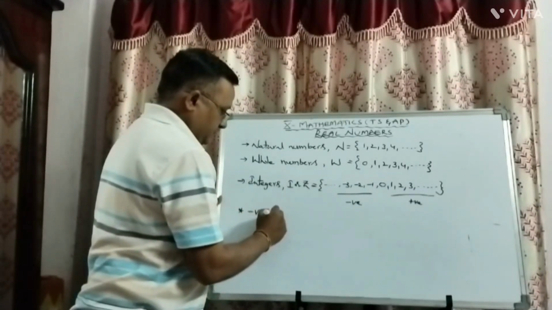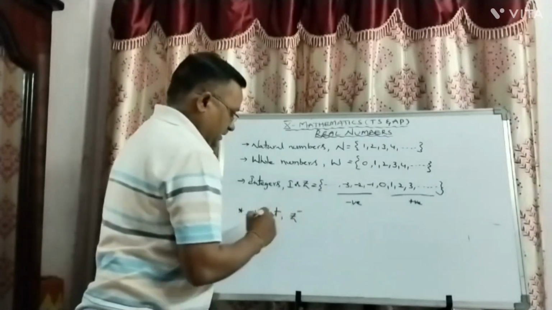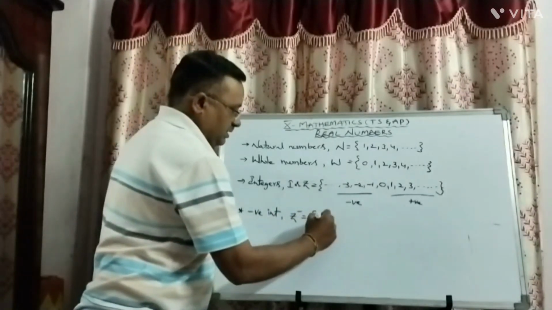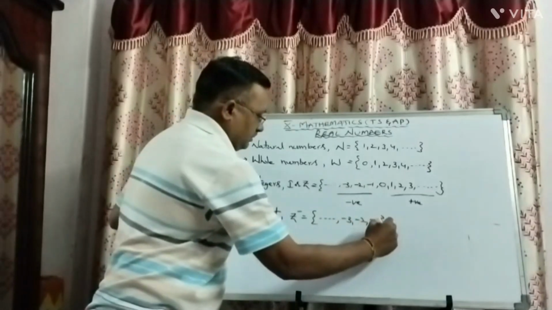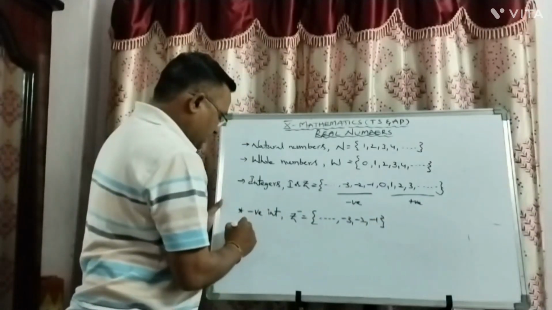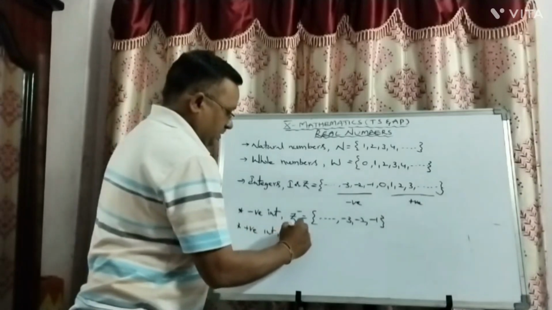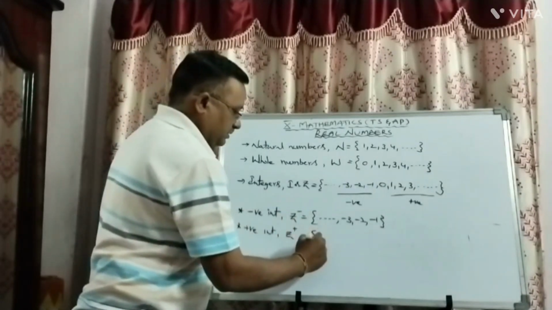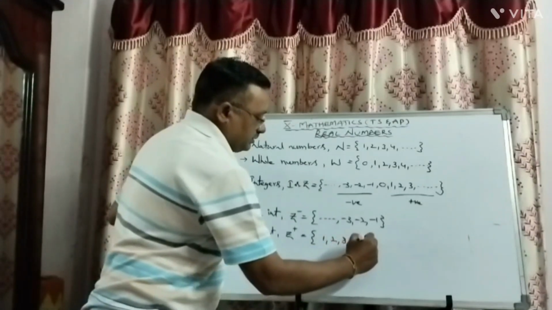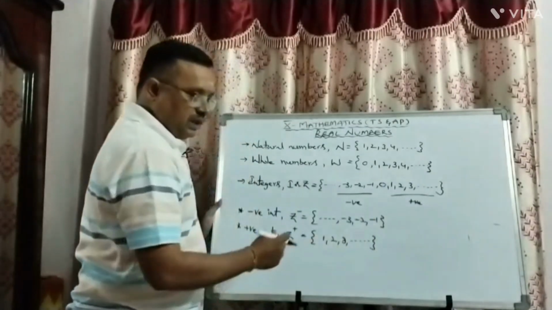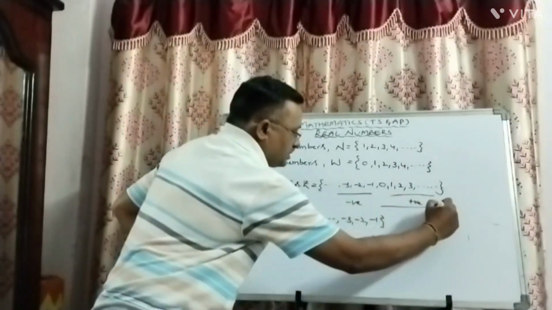Negative integers are written as Z minus, equal to the set of and so on, -3, -2, -1. Likewise positive integers are represented with Z plus or I plus, which is equal to the set of 1, 2, 3, and so on. Along with this you can take 0 to positives.